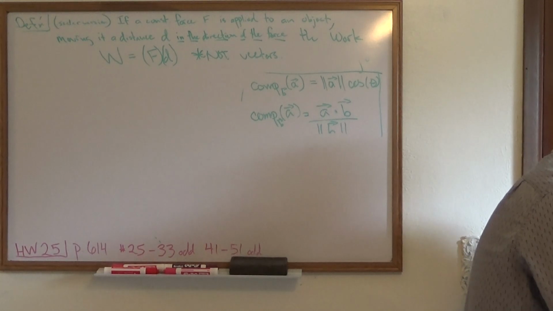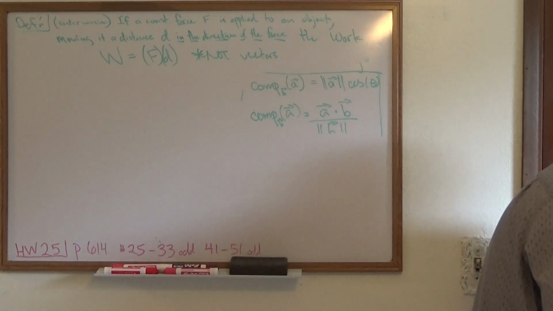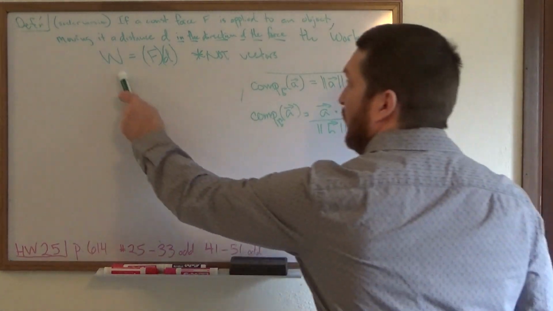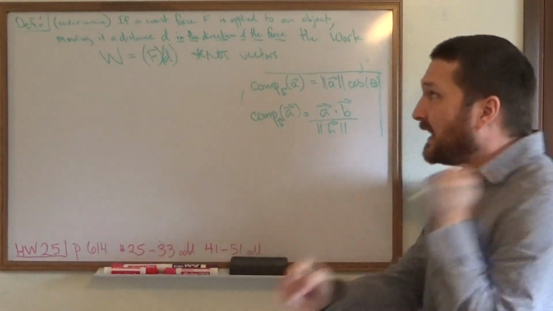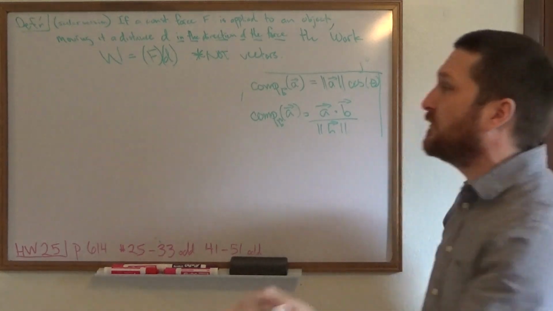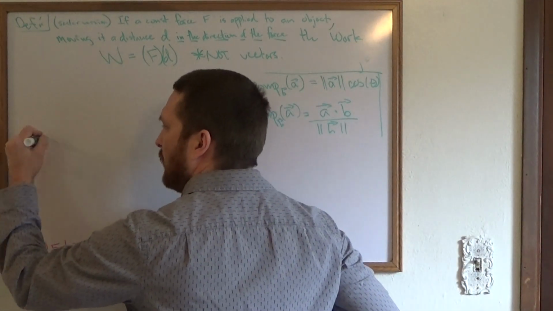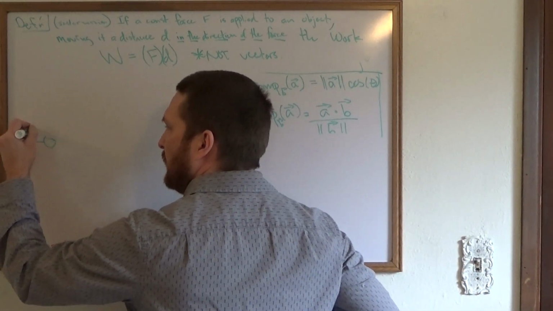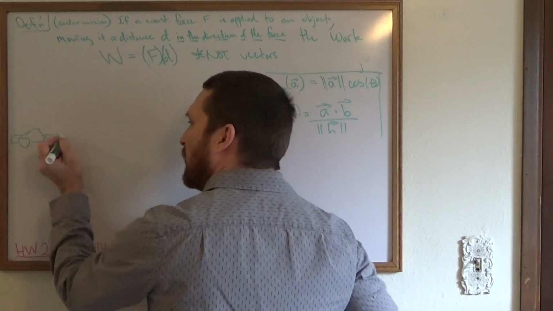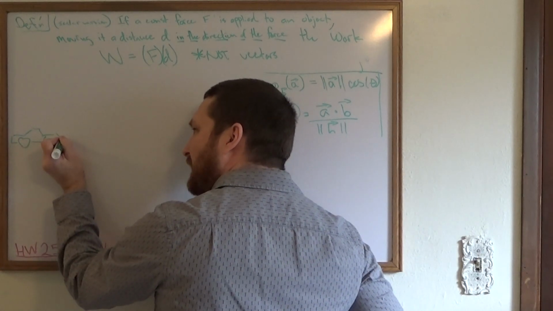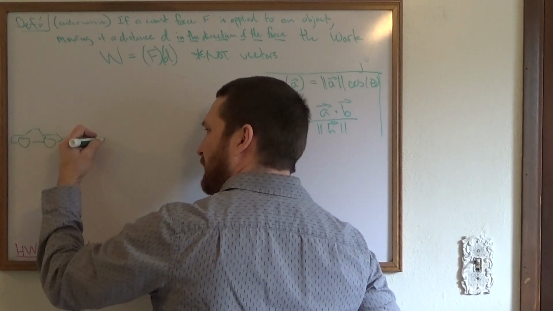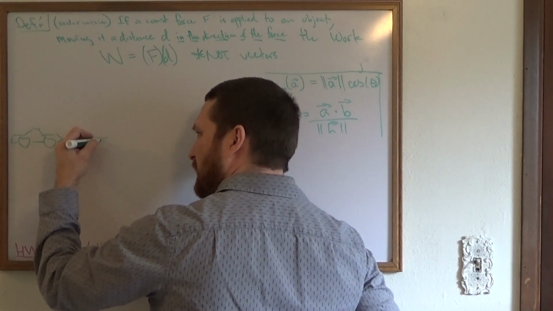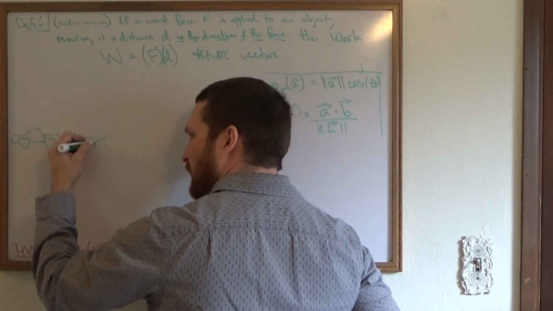Okay. Now, here's one thing I want to say. Work equals force times distance only works, like I said, when it's in the direction of the force. So imagine I have a car, and it broke. And I have a rope that I'm going to attach to the car, and I'm going to pull the car.